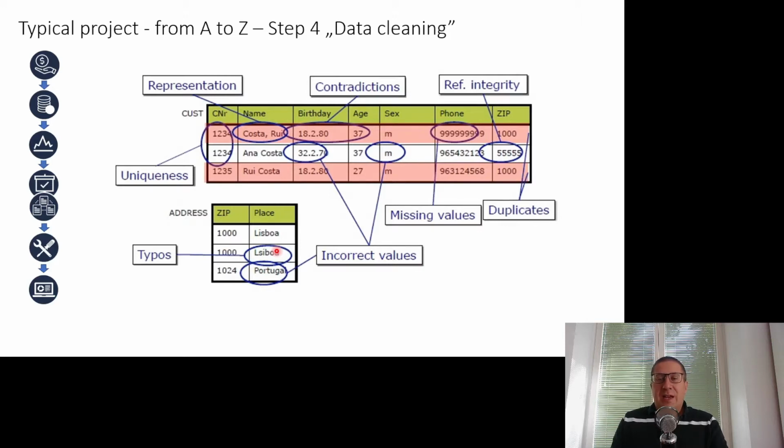Moreover, we can have some missing values. Here we can see this missing value expressed in a set of nines. So the value 999999999 is the way how the IT world expresses infinity, or I don't know what to put here.